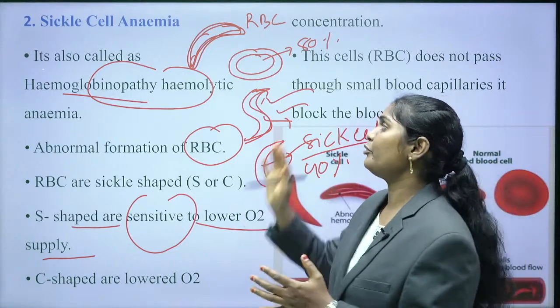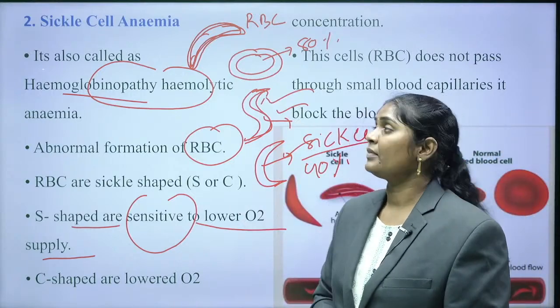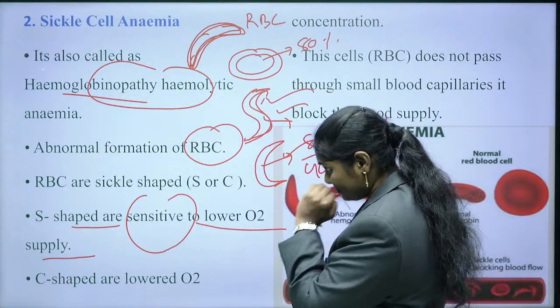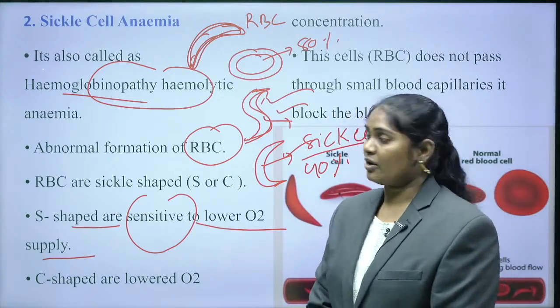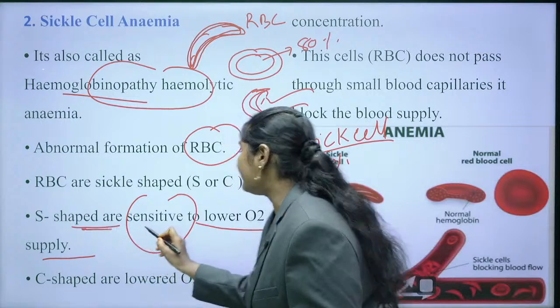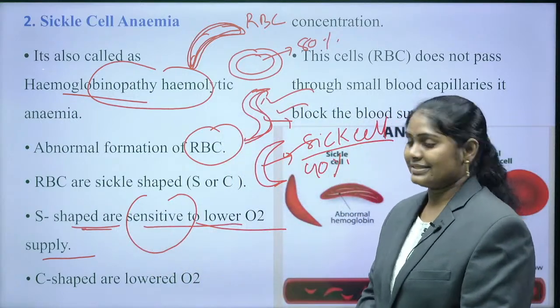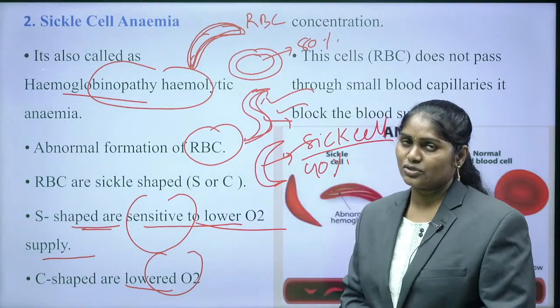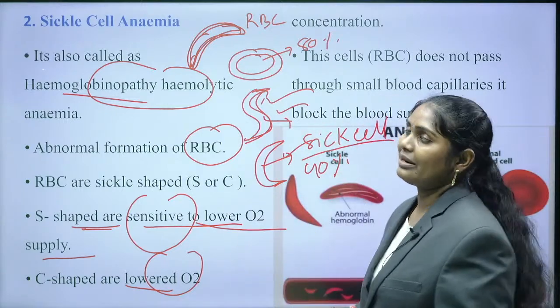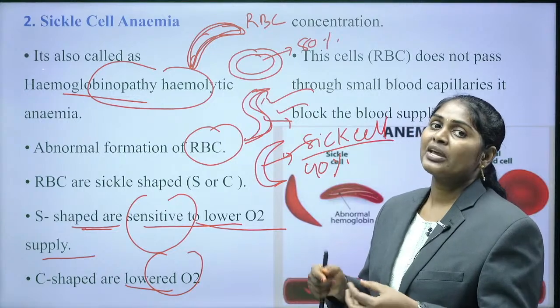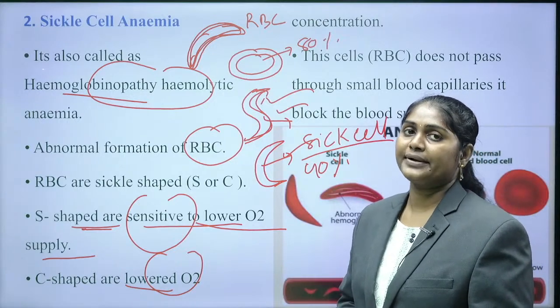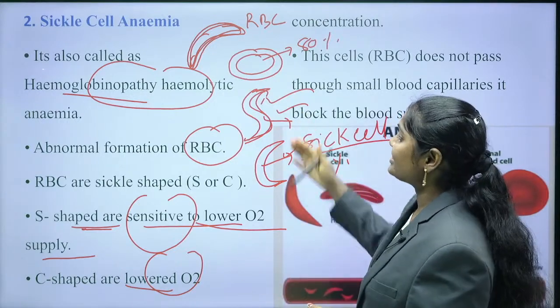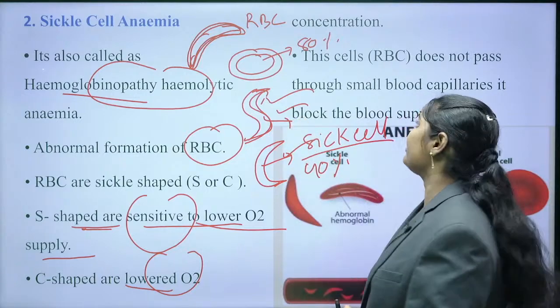Having proper shape is also very important. S shaped cells are sensitive to lower oxygen supply, and C shaped cells also have lowered oxygen supply. That's why having proper shape to RBCs is very important in supplying oxygen. These types of cells are called sickle cell anemia.